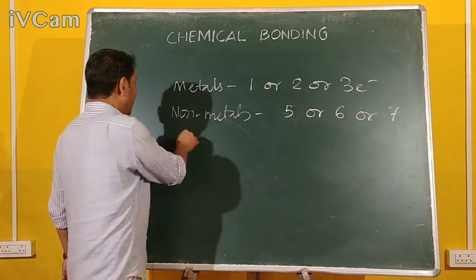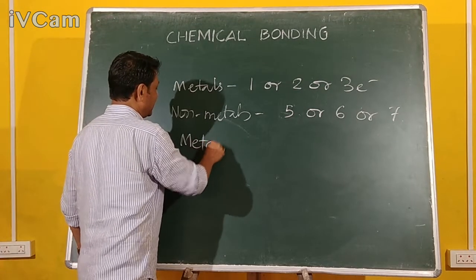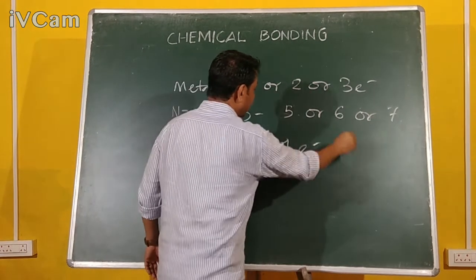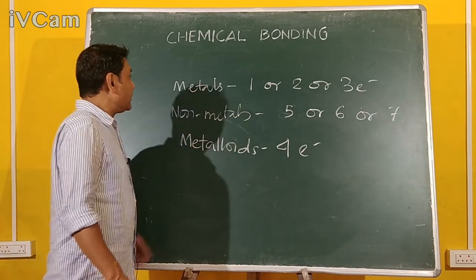And metalloids will have 4 electrons in the outermost shell.